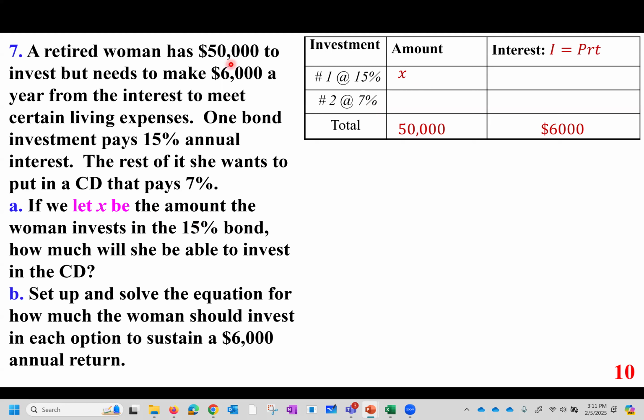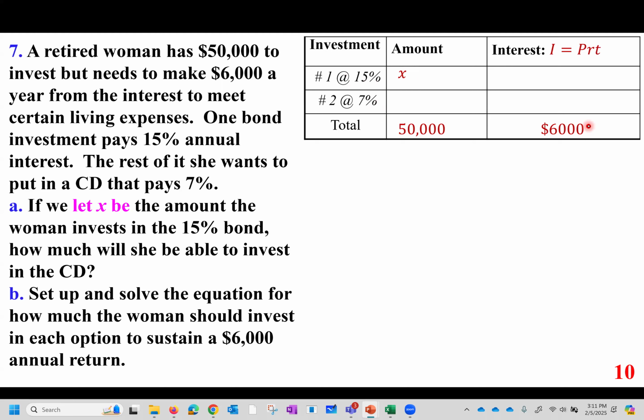That's the total amount at hand. And how much interest do we need? $6,000. So we put the amount of interest in the last column. How much at the 15%? We don't know, x amount. How much is the total? We know, 50,000. How much total interest are we interested in getting? We know, $6,000.